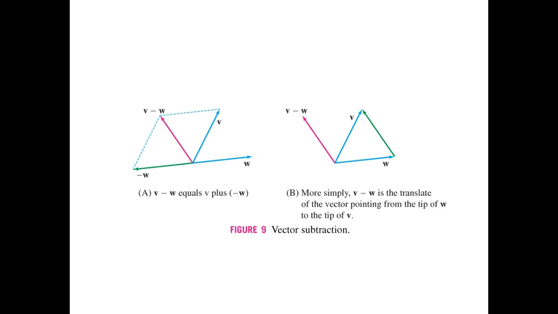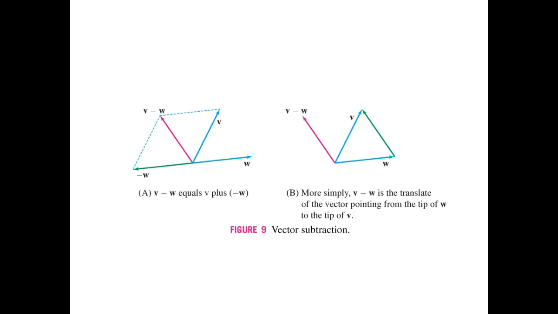Do it out and it shows it to you. But either one of these is fine. V minus W would then be from the end of W to the top of V, translated to the same place, the origin, and that would be vector subtraction. To me, this makes a lot more sense: V plus the opposite of W.